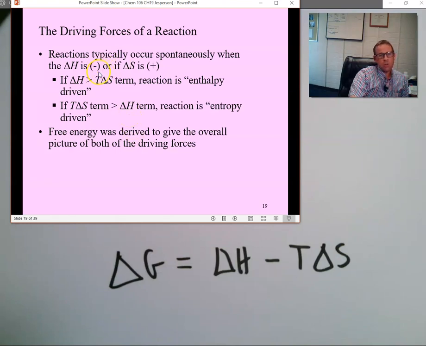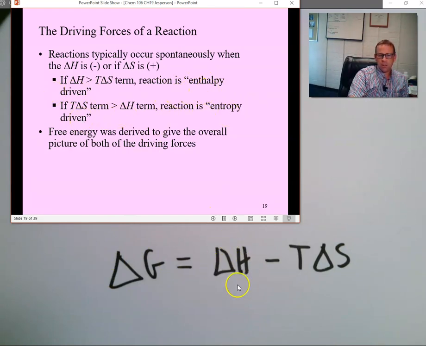So, we can have scenarios where delta H is a larger negative contributor to the delta G, but we can also have scenarios where the delta S is a larger, ultimately negative contributor, because this is a negative sign in here, to the delta G. So we can have reactions that we say are enthalpy driven or entropy driven.